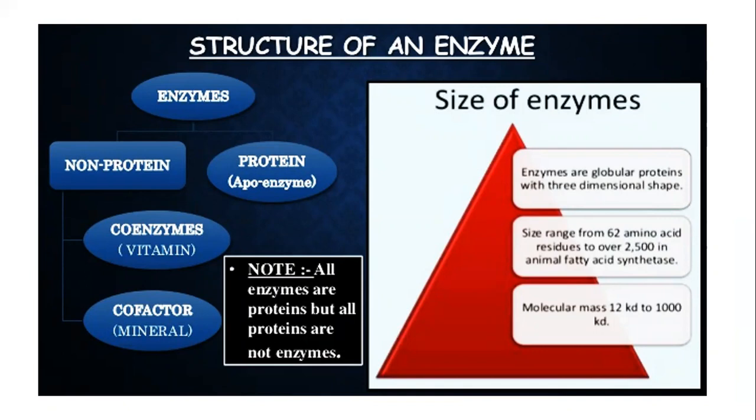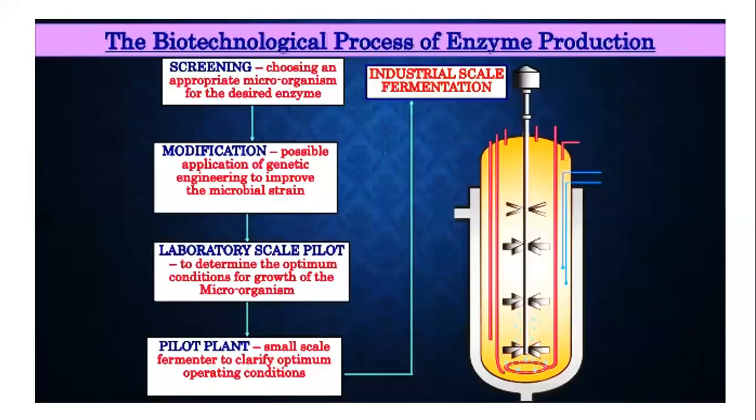So this is the brief description of enzymes, and now I am going to discuss the biotechnological process of enzyme production inside a bioreactor. First, we have to screen. That means we have to choose an appropriate microorganism for the desired enzyme. There are various microorganisms present in our environment which produce various types of enzymes. So we first have to select those microorganisms for the particular enzyme production.